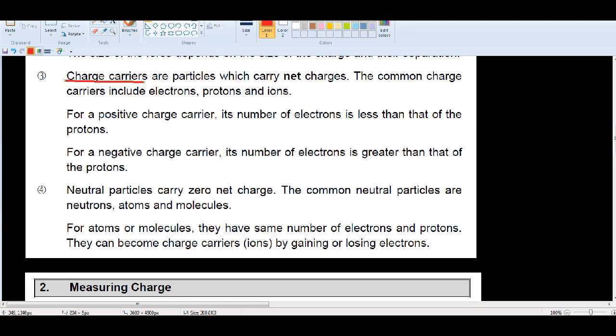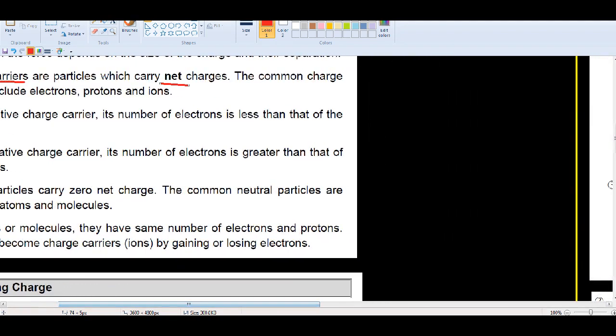So how about charge carriers? Charge carriers are particles which carry net charge. Why do we invent such a term called net charge? For example, if you study chemistry, you should understand that.